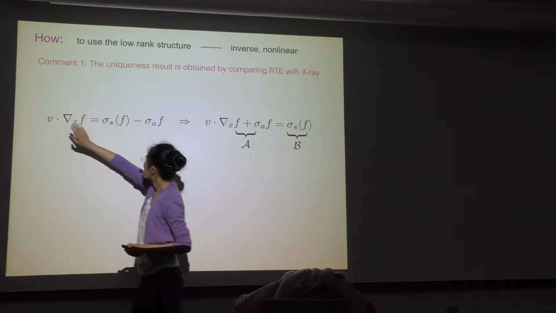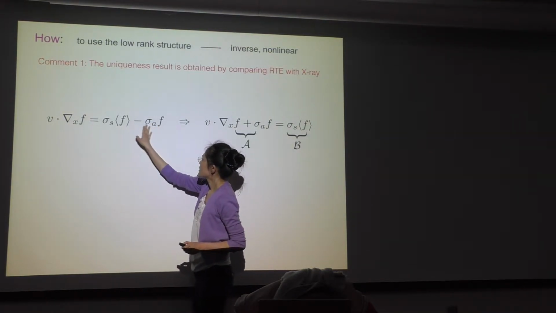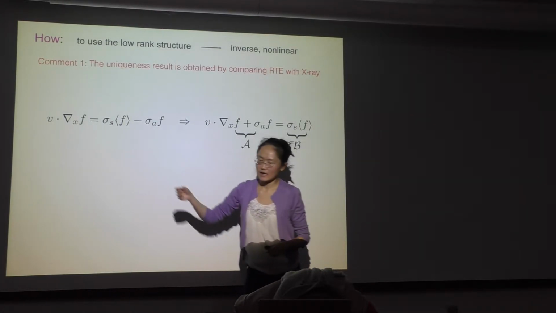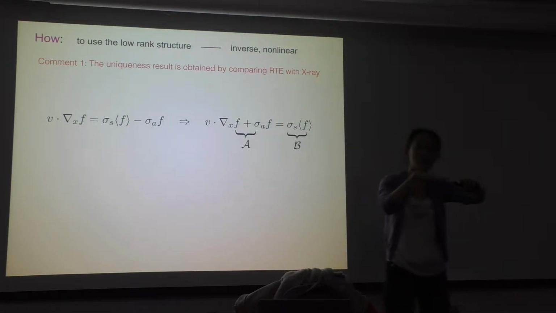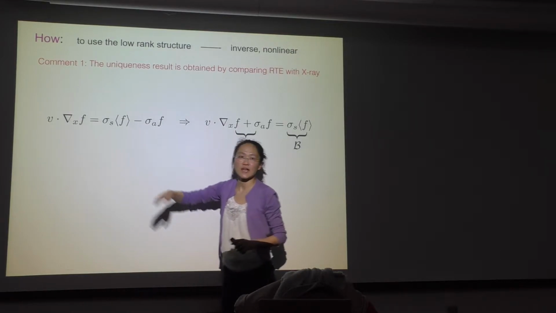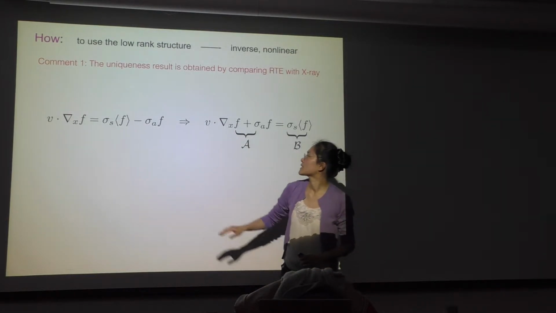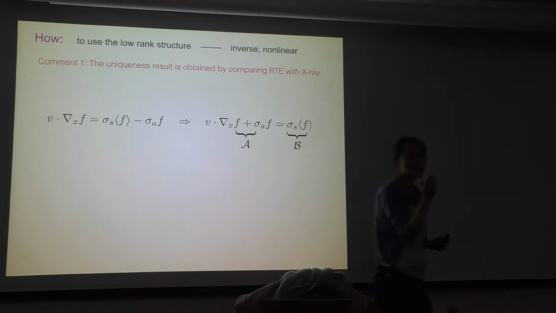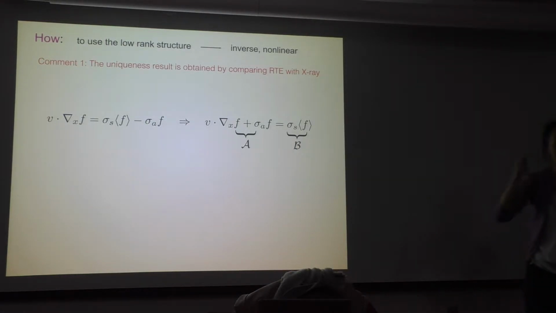This is the transport term, and these two terms are for different things. This term basically says my photon gets absorbed by my media, and this absorption rate is captured by this sigma A. So you have a negative sign, meaning you get absorbed. And over here, this is called the scattering term that basically says my photons interact with the media and then get scattered.